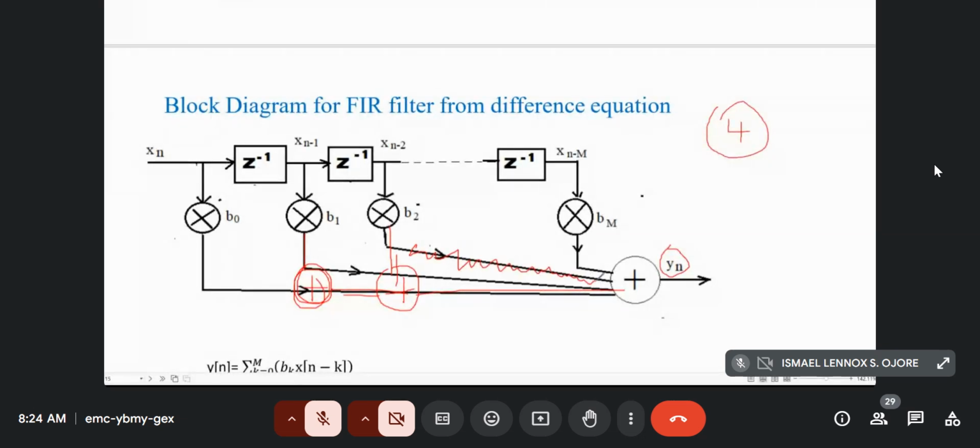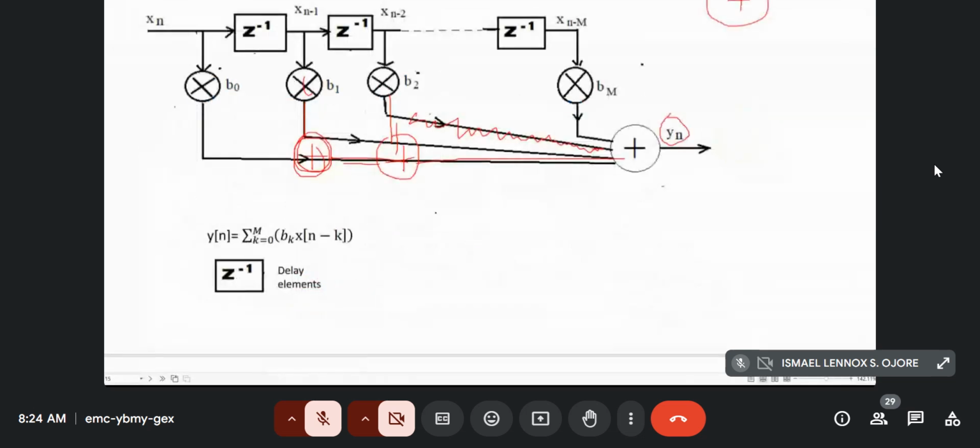When you come to drawing the block diagrams, this is how we draw them. Such a diagram is what we call a direct form block diagram. Generally the diagram will look like this, and this is a general diagram for x of n minus m.